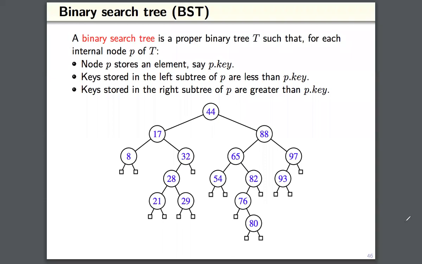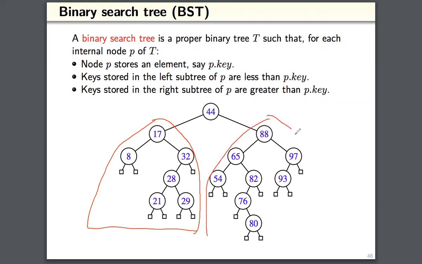Fine. Next, every node has a left subtree and right subtree. That by default is covered in the binary tree. What else is special? There is a beautiful property here. Look at this property. Binary search tree, we can call it BST. Do not confuse BST with balanced search tree.